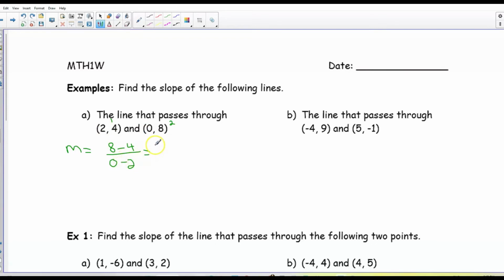So here we're going to have 4 over minus 2. And again, if we have slopes, we want to reduce these. We like slopes as fractions, but we want to reduce them as much as possible. So we're going to say, well, 4 over negative 2 is the same as 2 over negative 1, which actually equals negative 2. So we got a slope of negative 2 for that one. So we have to remember to reduce. We got to be careful with the negative piece too.